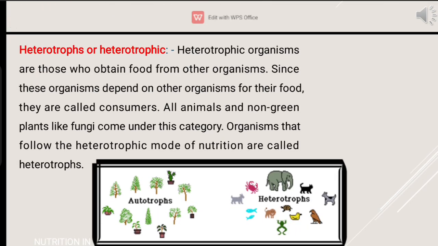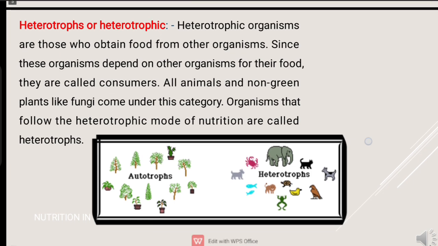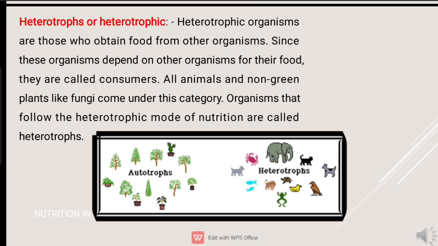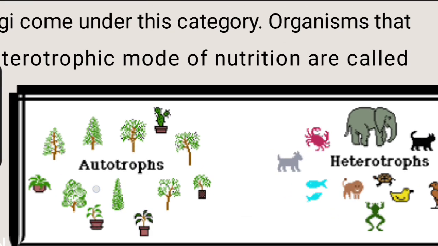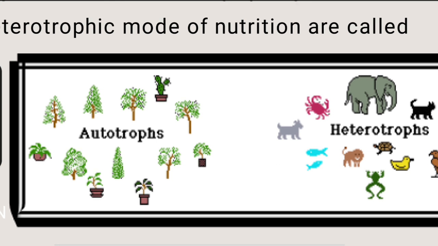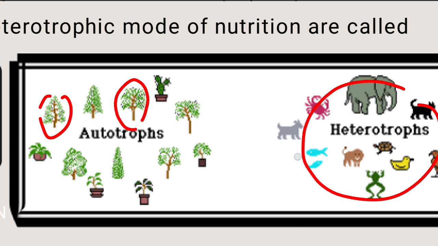Now, heterotrophs. Heterotrophic organisms are those who obtain their food from other organisms, or they depend on other organisms for their food. Through the figures you can see these plants can make their own food, and these animals depend on plants for their food.